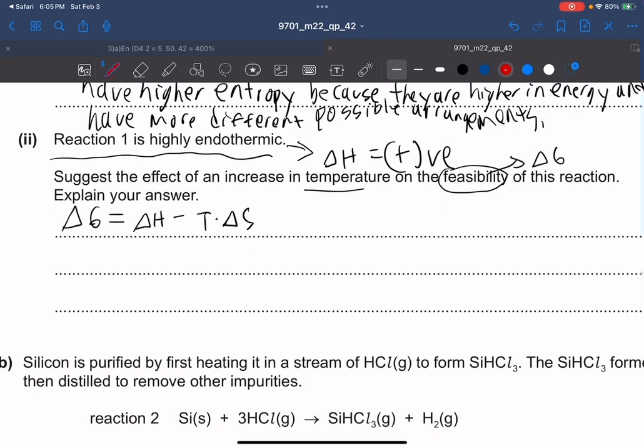So therefore, if you see an increase in temperature here, where delta S and delta H are constant, if T increases, then this whole value is going to be smaller. And if we remember, the smaller or the more negative delta G is, the more feasible the reaction is. So we could write as T increases, T delta S becomes more positive.